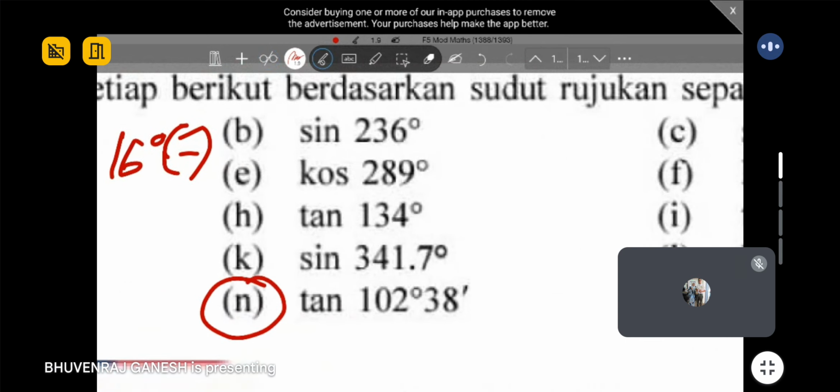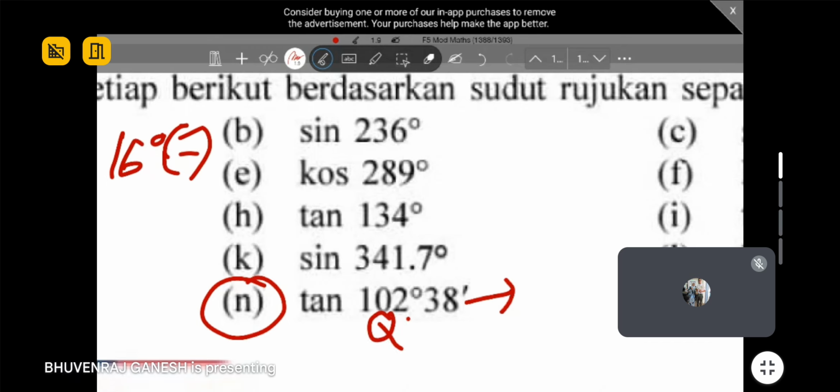Can anyone tell me what is the reference angle for this one? Apa sudut rujukan? So anyone? Reference angle first. Okay, correct.